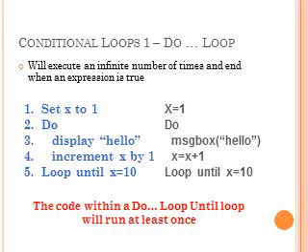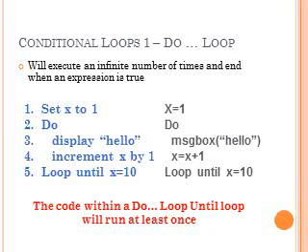But what we're doing here is we are setting up our variable to count. We're then going into the loop, step 2, we're denoting the start of the loop using do, and in step 3 we're displaying hello, in this case in a message box. We're adding 1 to the counter x, and then we're checking at the bottom.